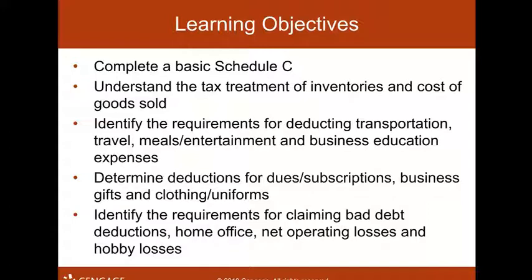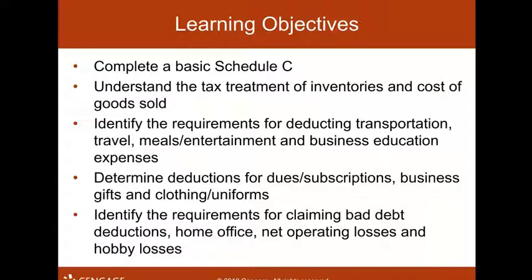So we'll see similar treatment to financial reporting, and identify the requirements for deducting transportation, travel, meals, entertainment, and business education. These are mainly the expenses that the company incurs, and we need to see how they are treated from a taxation point of view.